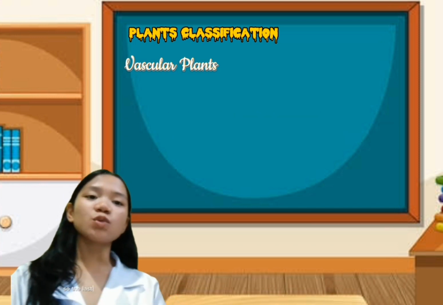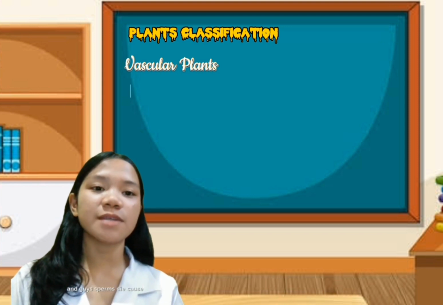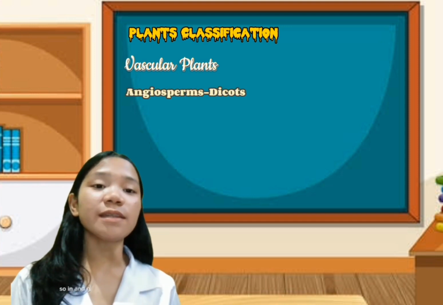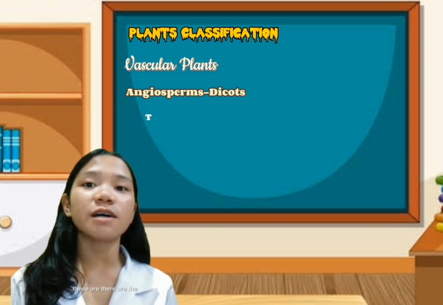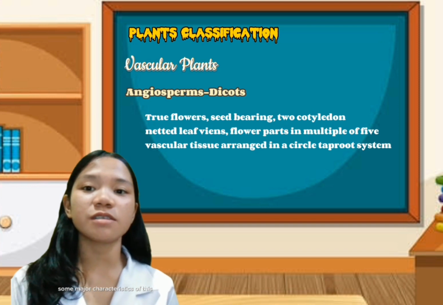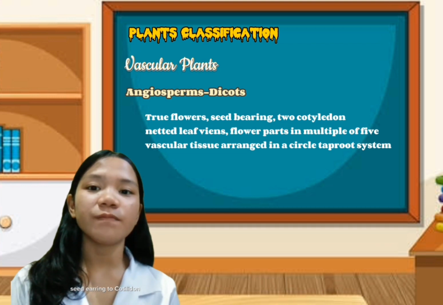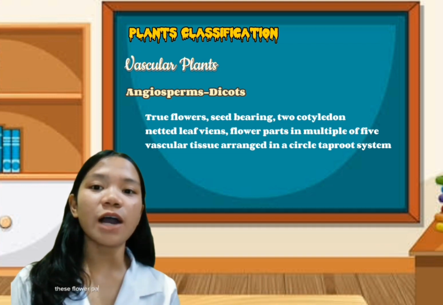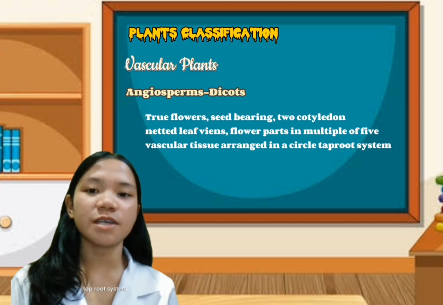So the last one of the group is angiosperm dicots. Some major characteristics of these are true flowers, seed-bearing, two cotyledons, netted leaf veins, flower parts in multiples of 4 or 5, vascular tissue arranged in a circle in the stem, and a taproot system.